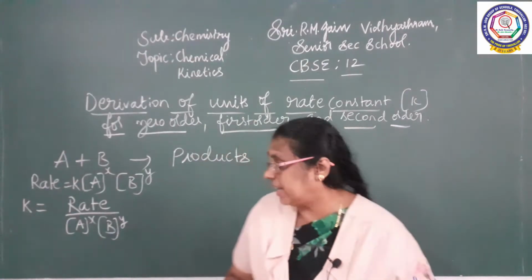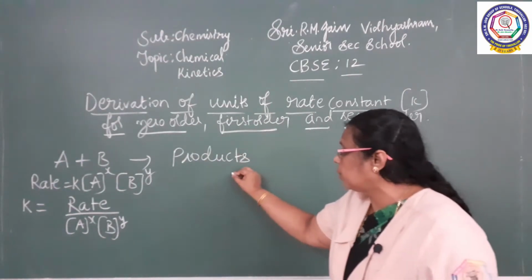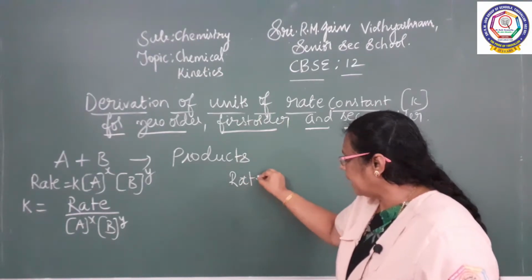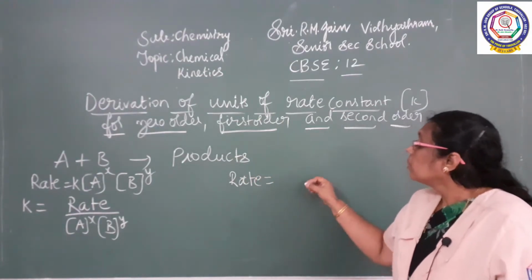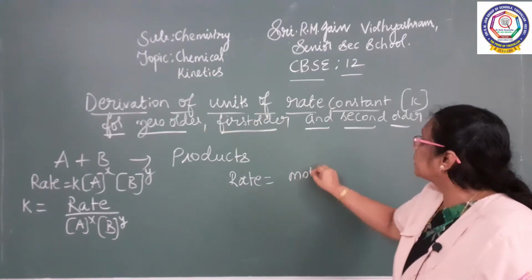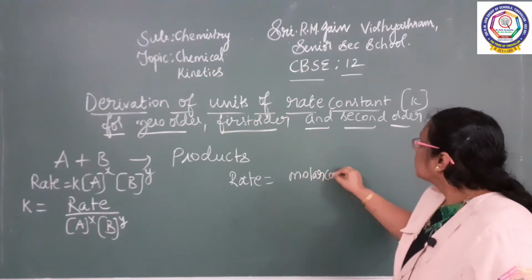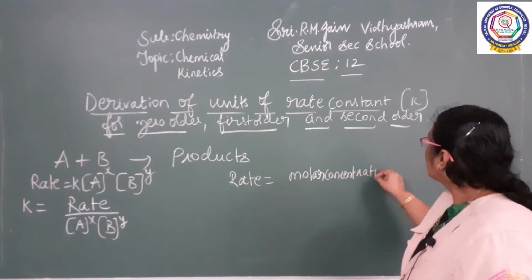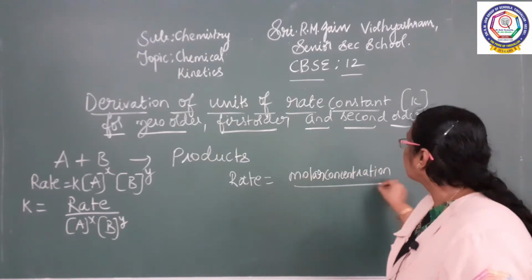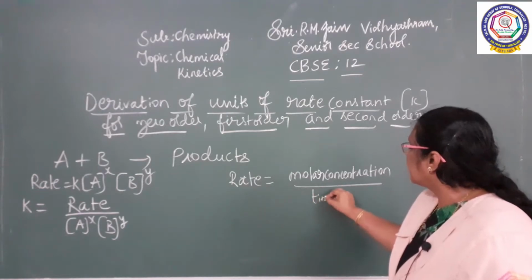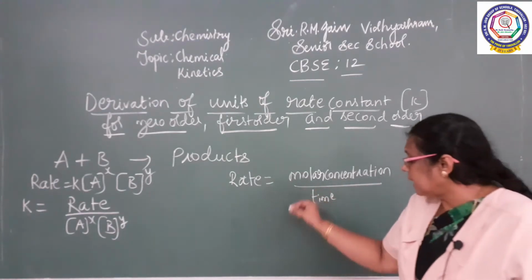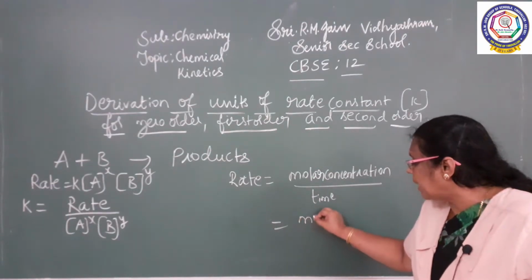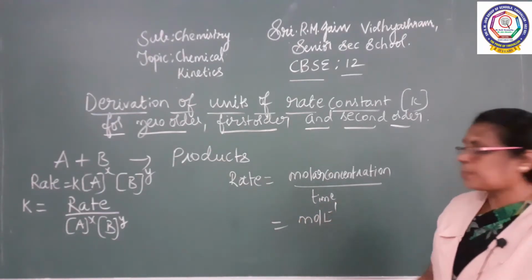What is rate actually? Rate is equal to molar concentration divided by time. What is the unit for molar concentration? Moles per liter.